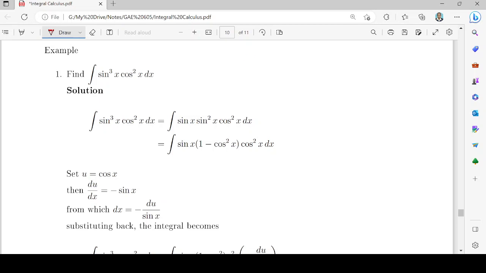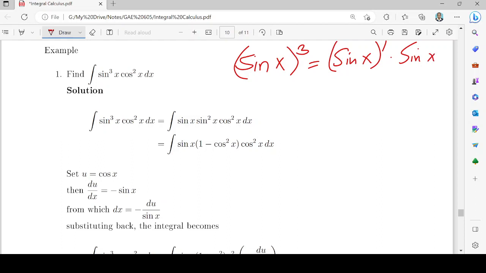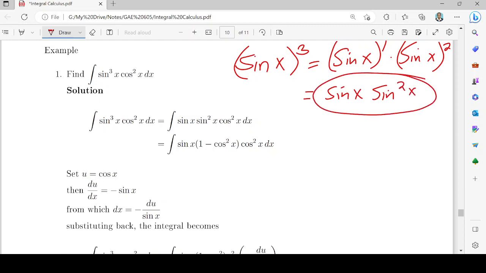So we have sine of x raised to the power of 3, which we can write as sine of x raised to power 1 times sine of x raised to the power of 2. Or even this is sine of x times sine squared x. So we can break our function into that.